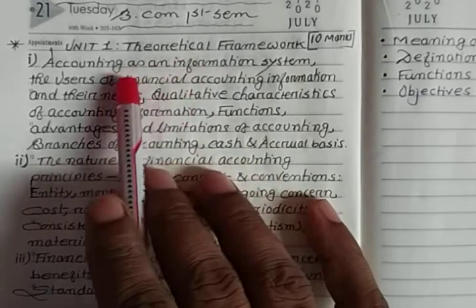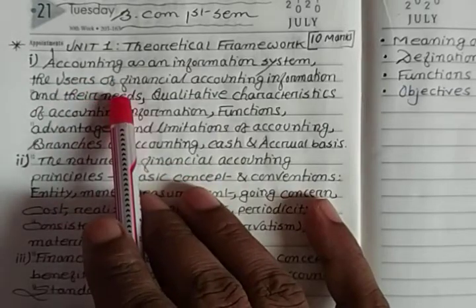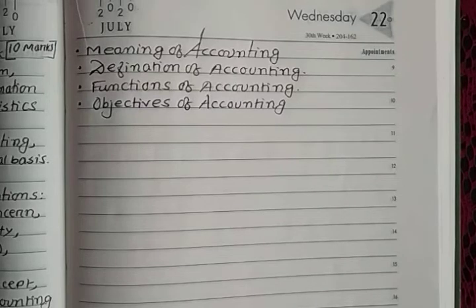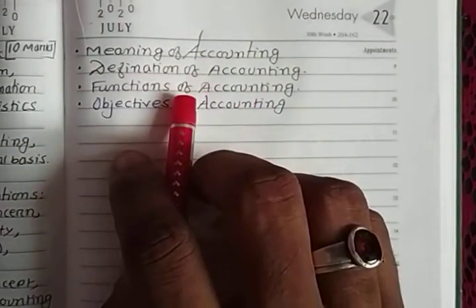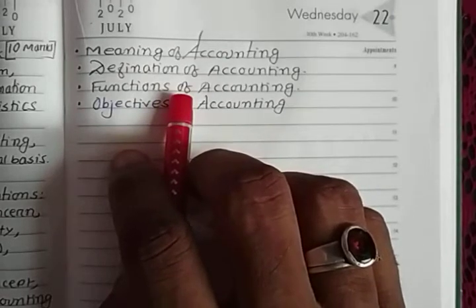Got it? Today I will explain some points. Try to understand. Okay, students, first I will talk about the meaning of accounting. You know that Luca Pacioli is considered the father of modern bookkeeping, right? Only recording financial transactions in bookkeeping is not enough to achieve commercial objectives; it is also important to know the financial result.